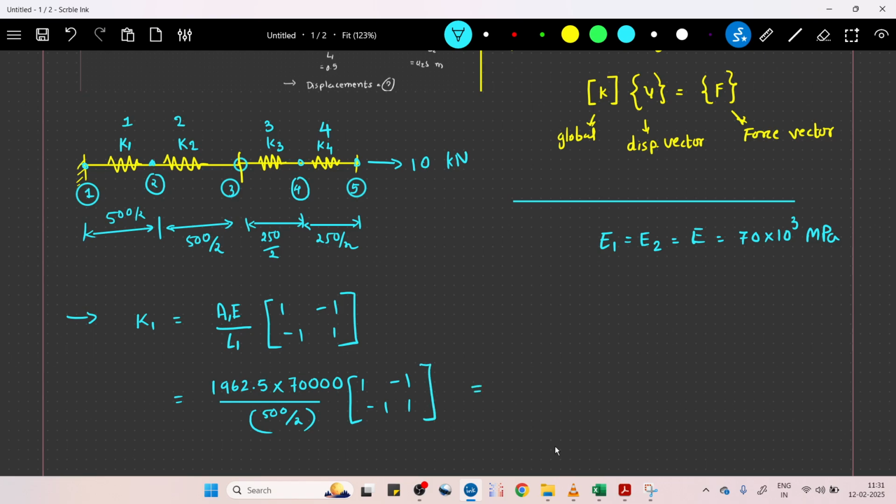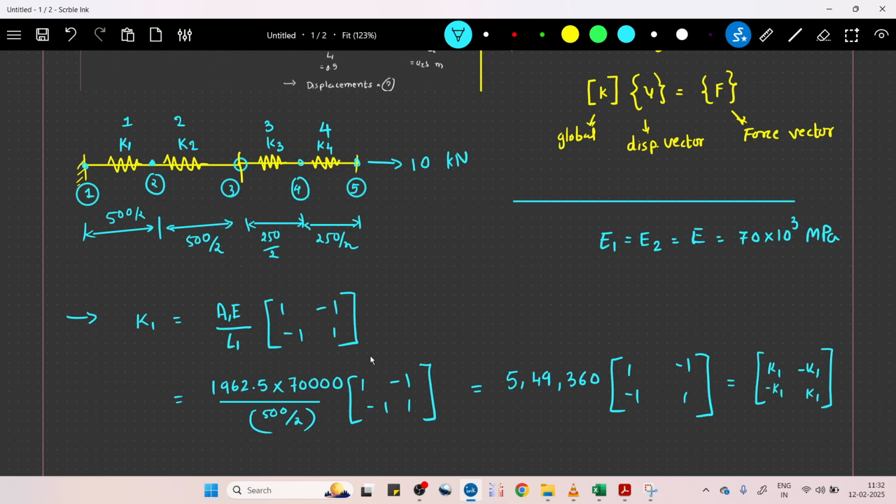So this matrix, the value is going to be 549360, which I have already calculated, times 1 minus 1, minus 1 1. This is nothing but k1, minus k1, minus k1, k1.